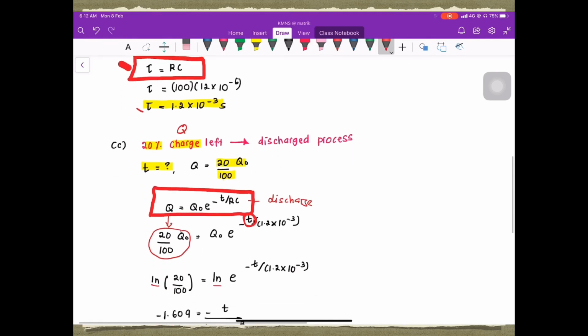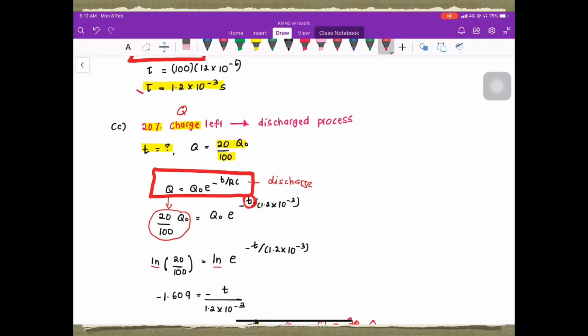And then C, 20% charge left, meaning we want to determine the new charge when 20% is left from the maximum charge. So what is the time taken here?